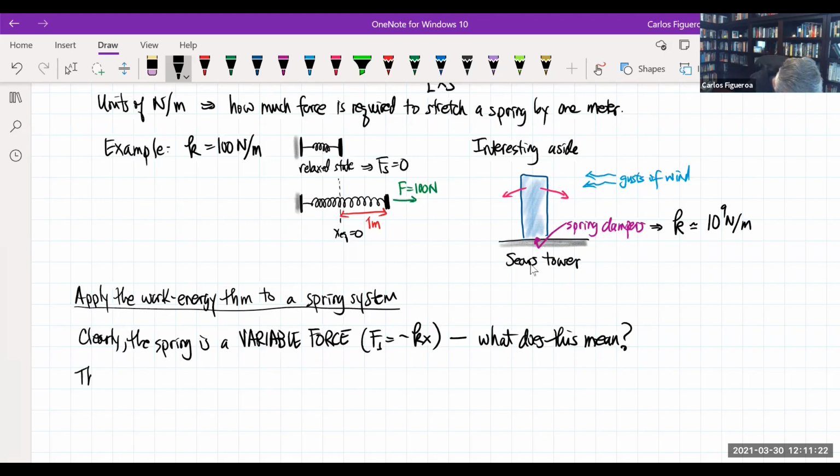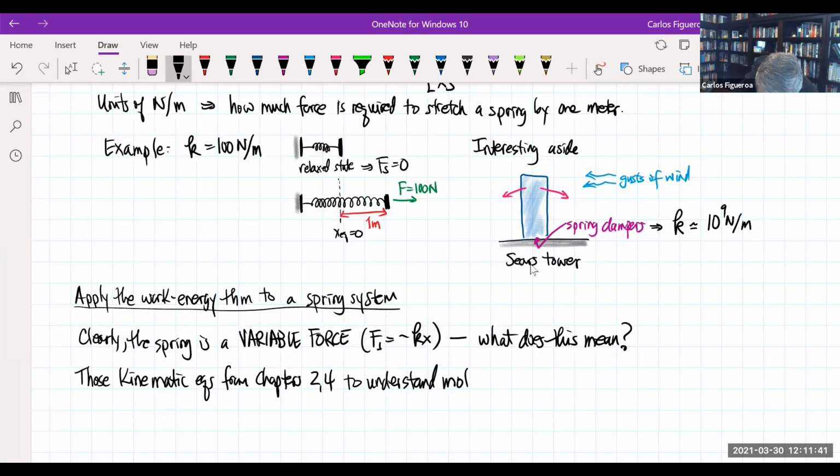So those kinematic equations from chapters 2 and 4 to understand motion are not valid anymore. You can't use them.